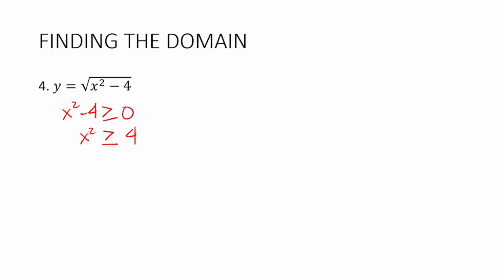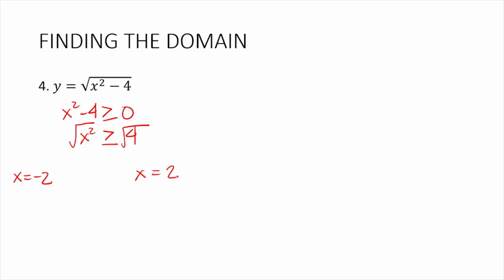Okay, and then from this inequality we can have two solutions, right? If we take the square root of both sides, this will give us two solutions: x equals negative 2 and x equals positive 2.